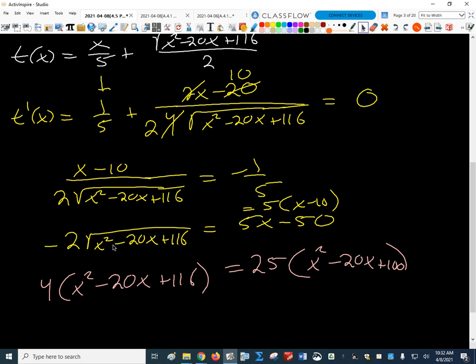If I plug it in on the left side, 8.254, I'm definitely going to get a positive number under the radical, right? Because it's a little bigger than 8. If it were 8, 8 times negative 20 would be negative 160, 8 squared is 64 plus 116, that's bigger than negative 160.